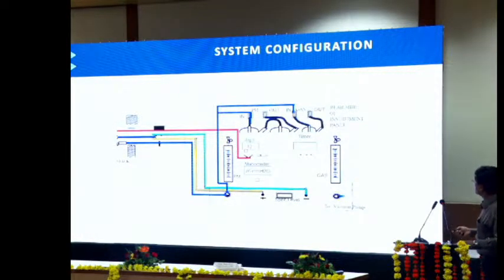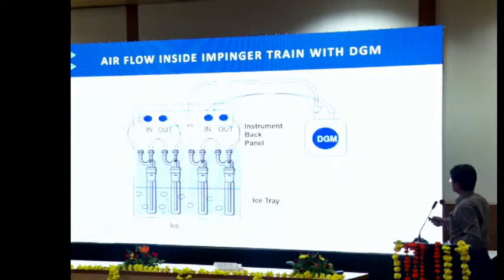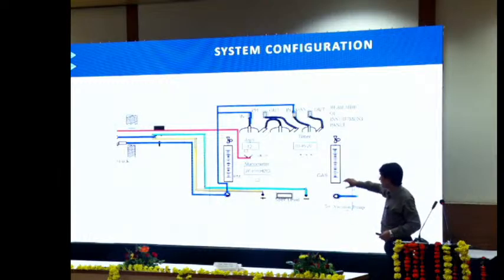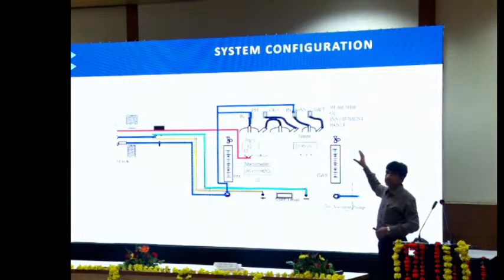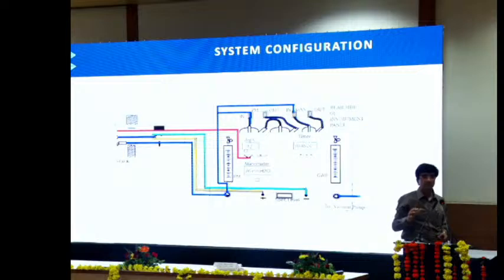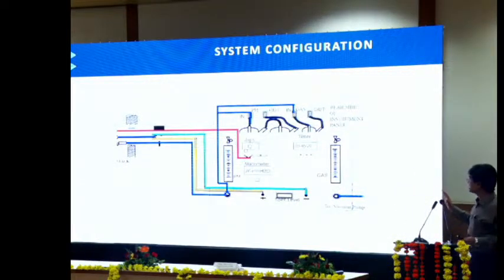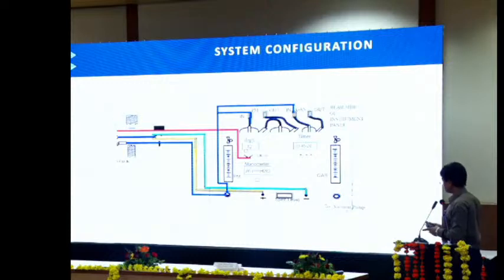So this is the place where we need to ultimately be connected. Sorry, this is connected to the vacuum pump. So all the necessary suction is provided from this place. And this is a full schematic of the monitoring system which we will be going to use tomorrow. Just to make things simpler, everything has been put in a way so that you can understand the various steps involved in manual stack monitoring.